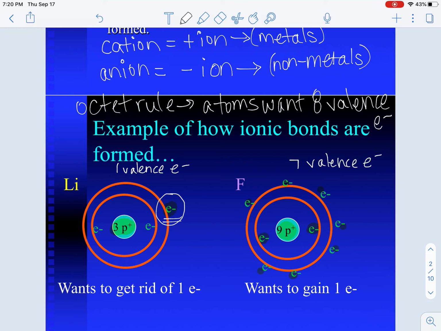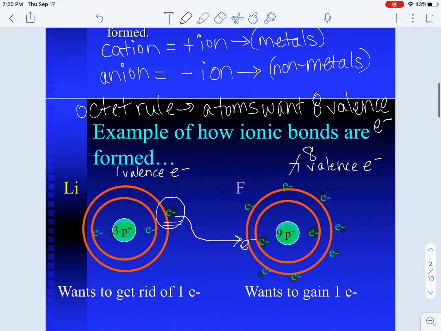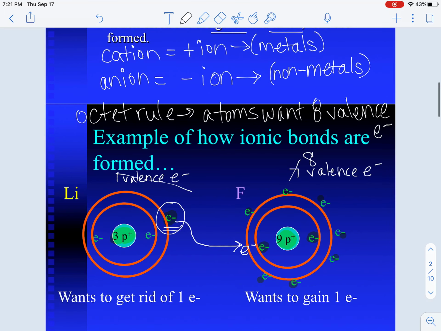Neither has reached their octet. However, you could start to see how this can form a partnership. If lithium were to give up this electron and give it to fluorine, now fluorine would have 8, and lithium would no longer have that electron.